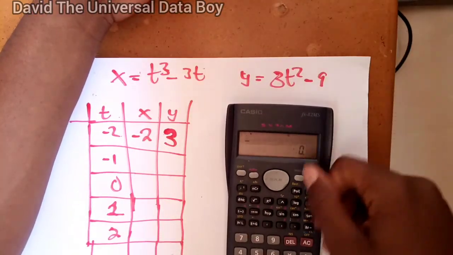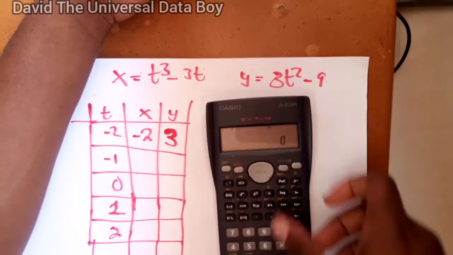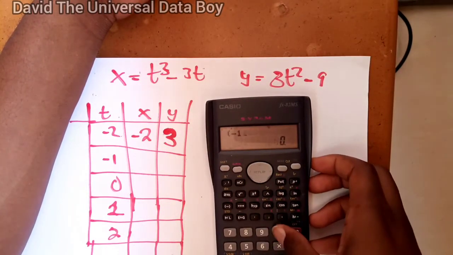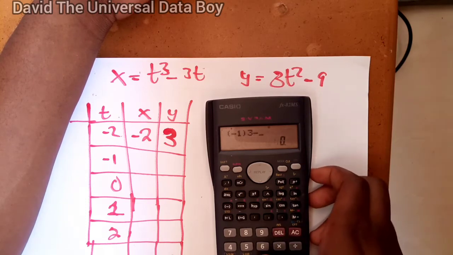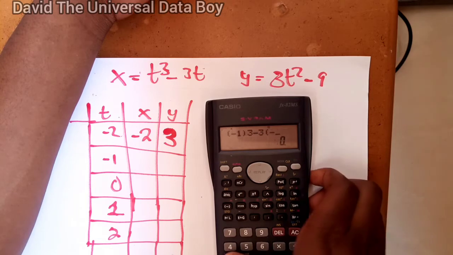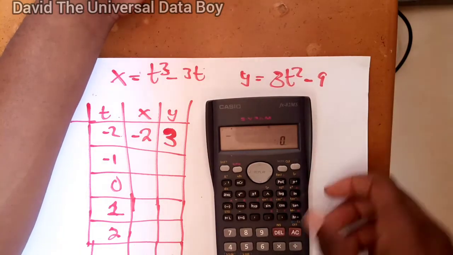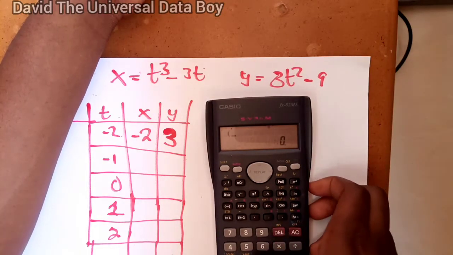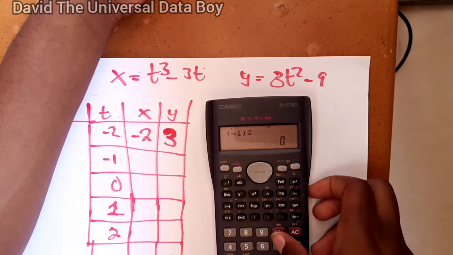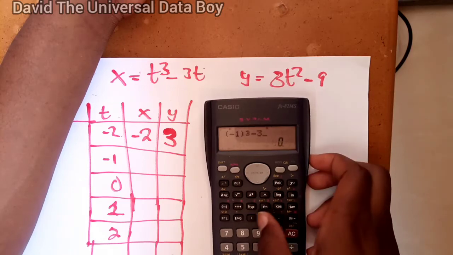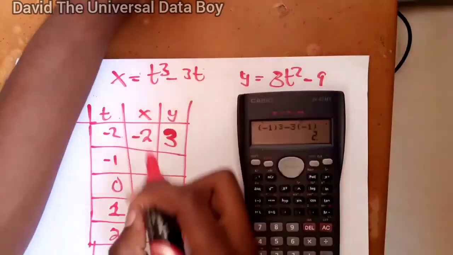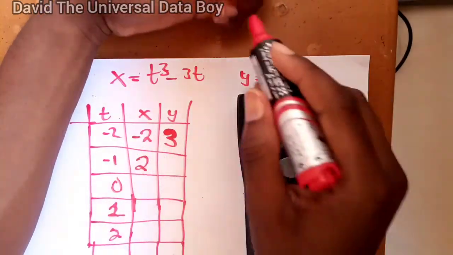Then we can go on to negative 1. When finding the x, negative 1 to the power 3 minus 3 times negative 1, we have our answer to be 2.